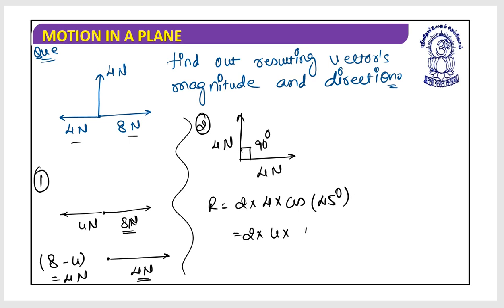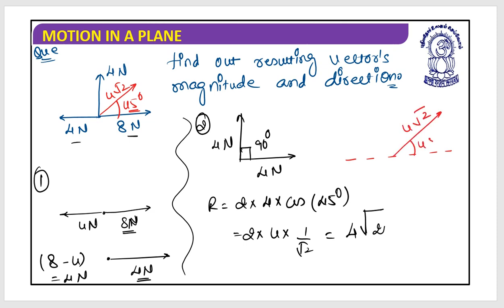So this is 2 into 4 into 1 by root 2, which equals 4 root 2, making an angle of 45 degrees with the x direction. So these three vectors can be represented by a single vector acting at 45 degrees with the x-axis and having a value of 4 root 2. If I need to replace these three vectors, I can simply draw this. This is the x-axis, this is the vector, 4 root 2, and its angle from the x-axis would be 45. That's it. Is it clear?